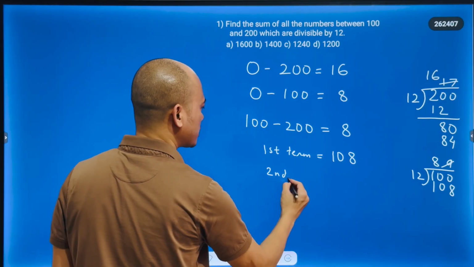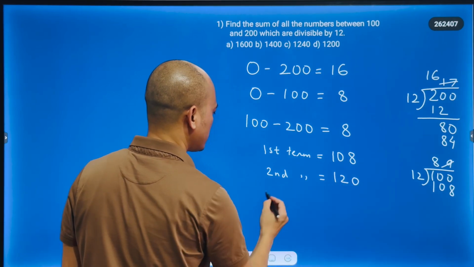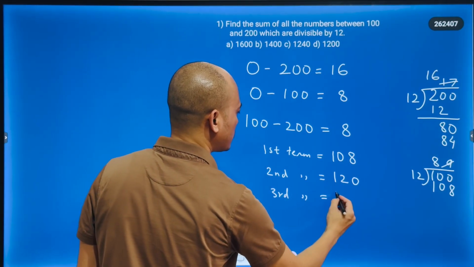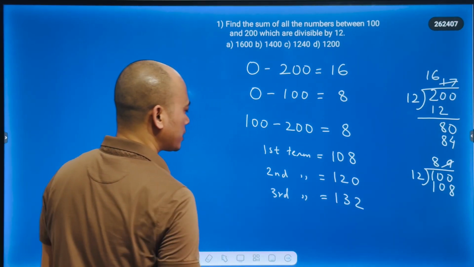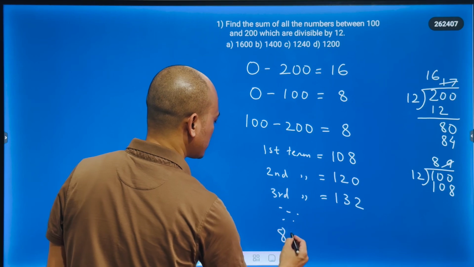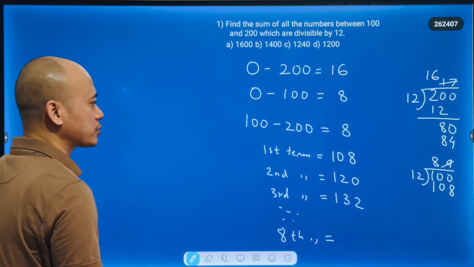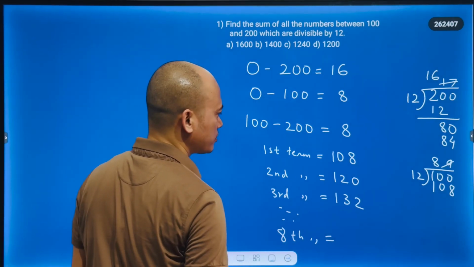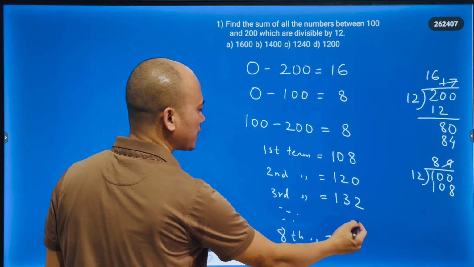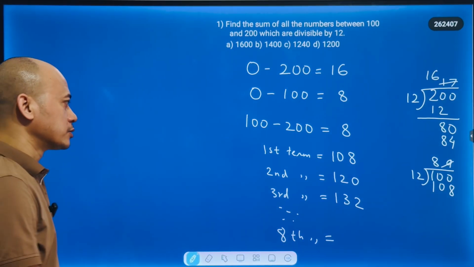Then the second term will be 120, the third term 132, and so on up to 8 terms. What will be the total? We need 108 plus 120 plus 132 plus so on, up till the 8th term.